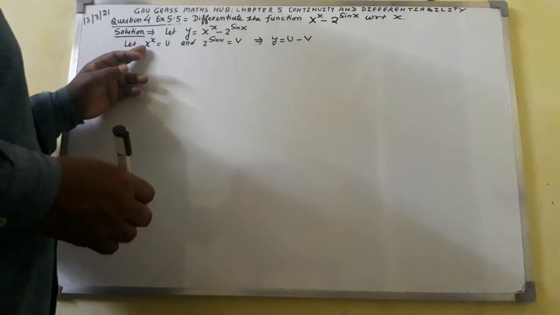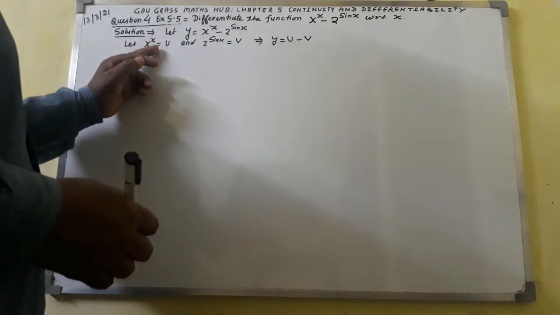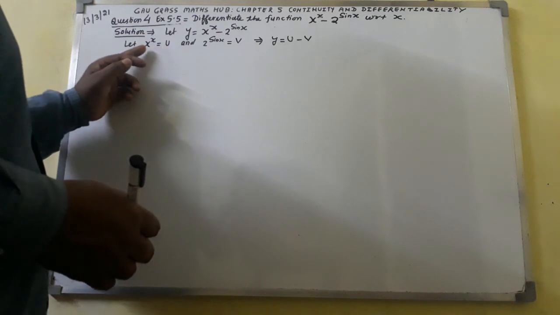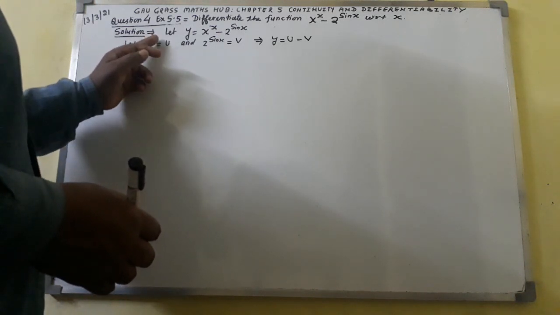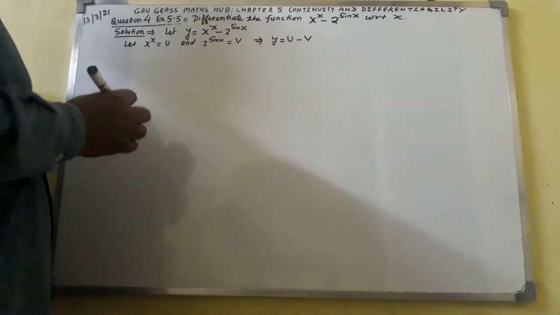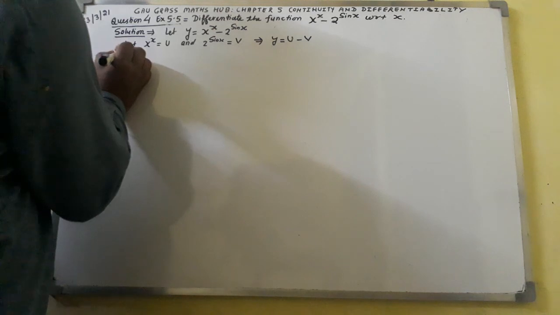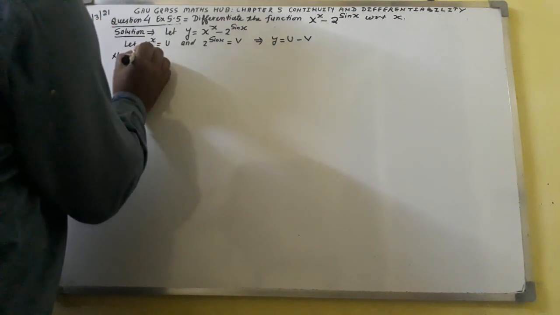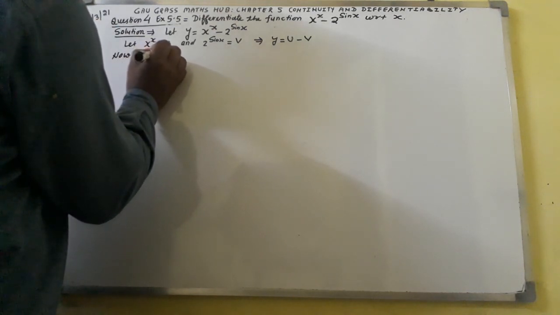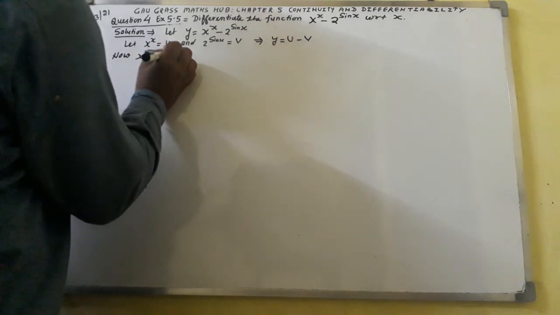Then here I shall take x raised to power x equal to u. Here variable raised to power variable equal to u. First of all I shall take this one. Now x raised to power x means variable raised to power variable equal to u.